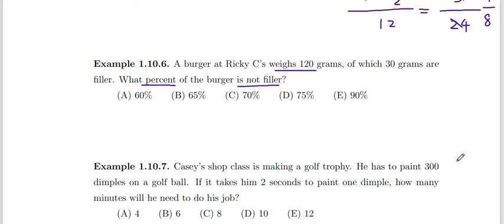So 30 is filler, then 90 is not filler, right? So the percentage not filler is 90 over 120, right? So this equals 3 over 4 or 75%.